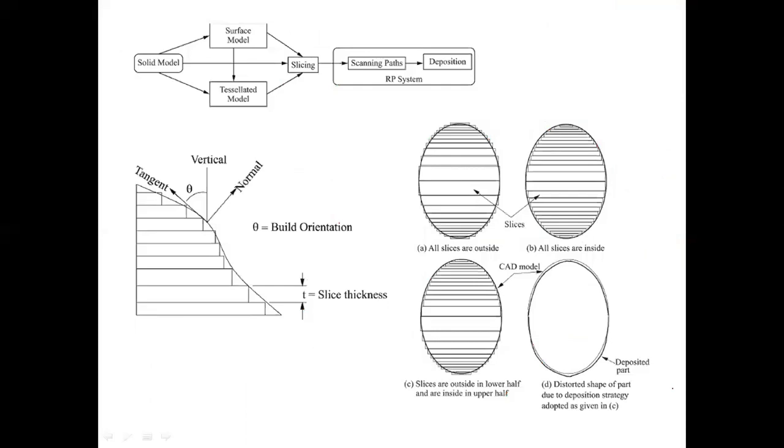Now when you talk of the slicing process, let us first understand how the part is actually fabricated. If you observe these parts under a microscope or a profile projector, you would observe that the parts are fabricated like this.